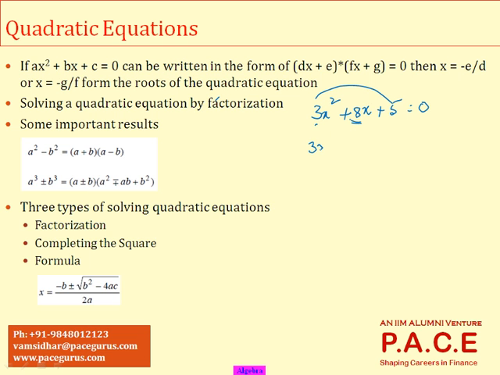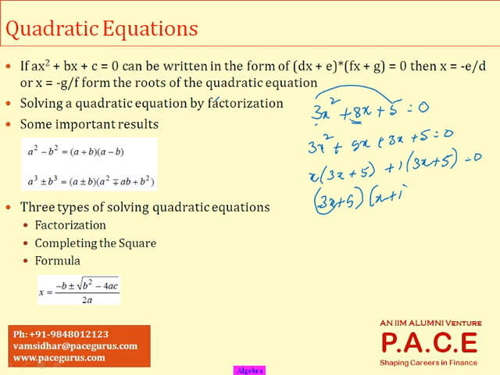I'll write it as 3x squared plus 5x plus 3x plus 5 equal to 0. Take x out of the first two terms, 3x plus 5, and 1 out of the second two, 3x plus 5, equal to 0. Now this makes it 3x plus 5 into x plus 1 equal to 0.